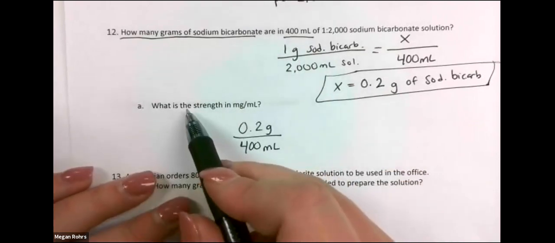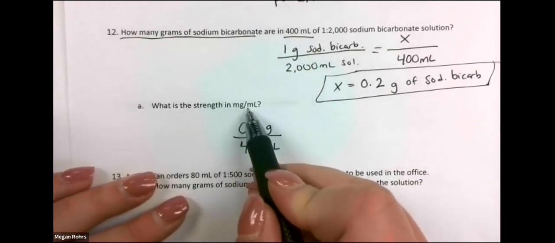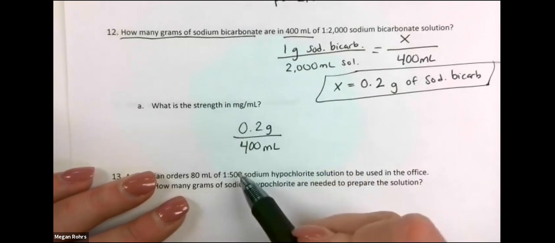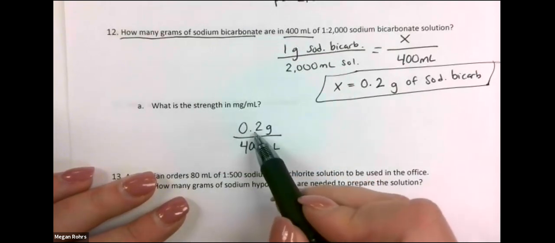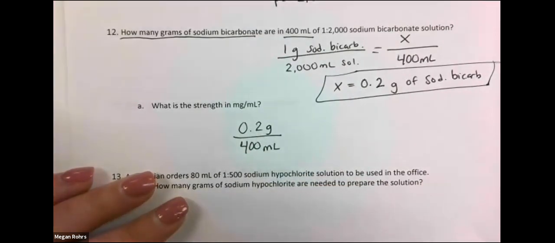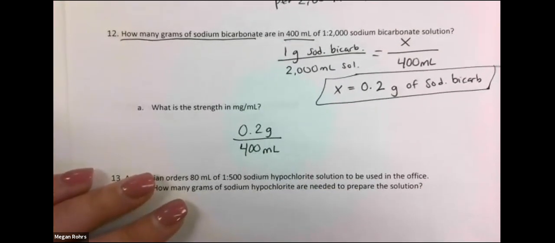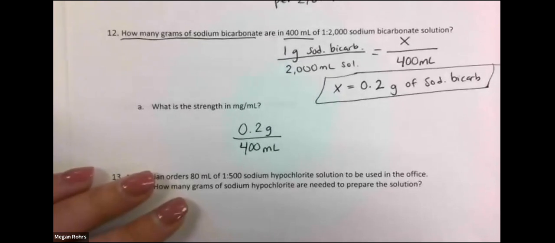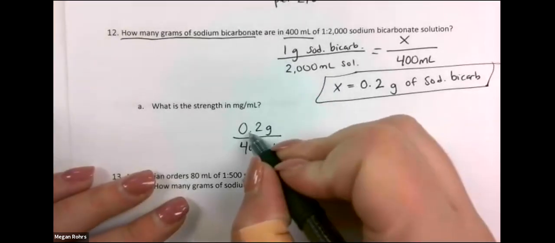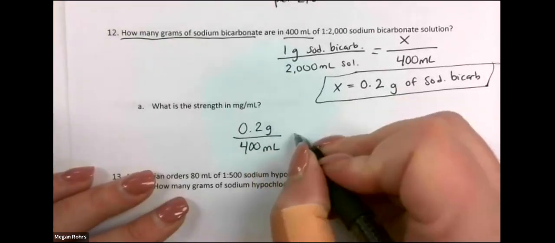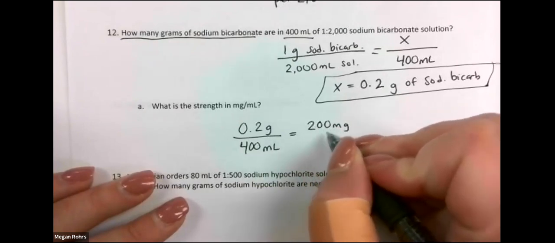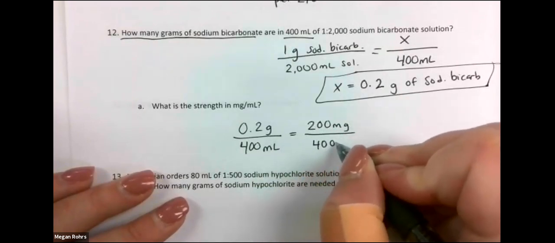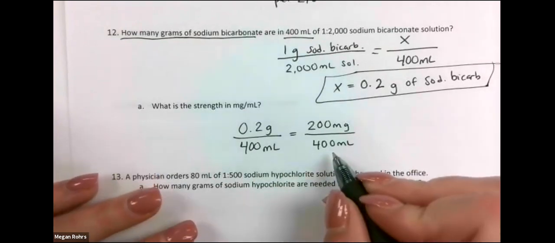Now they're wanting to know how many milligrams there are per mil. So I need to convert my grams into milligrams. So grams to milligram, we're going to take that times 1,000, or just move your decimal 3 places to the right. So 1, 2, 3. That's the same thing as 200 milligrams in every 400 mils.